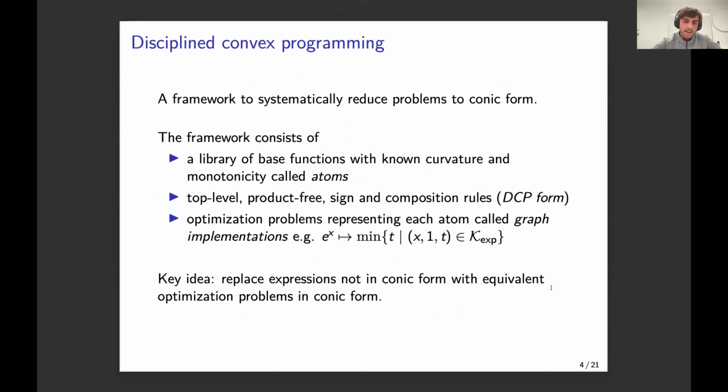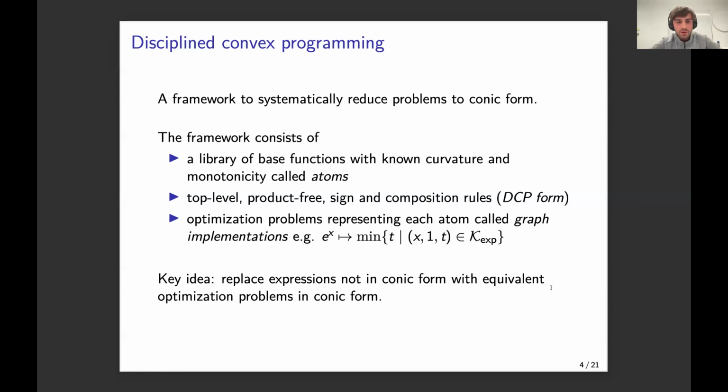And the framework has rules on how combining these functions yields convex, concave or affine expressions, because it is not straightforward to check, if I give you an arbitrary mathematical expression, whether it's convex or whether this inequality gives you a convex set. If we have a problem made from these functions that follows the rules, we'll say that it's in DCP form.